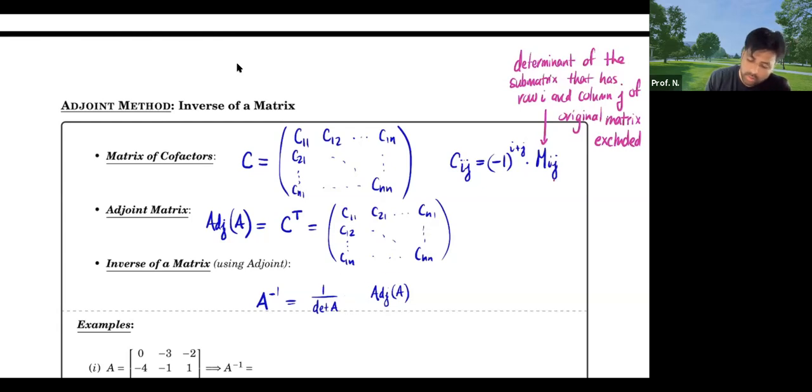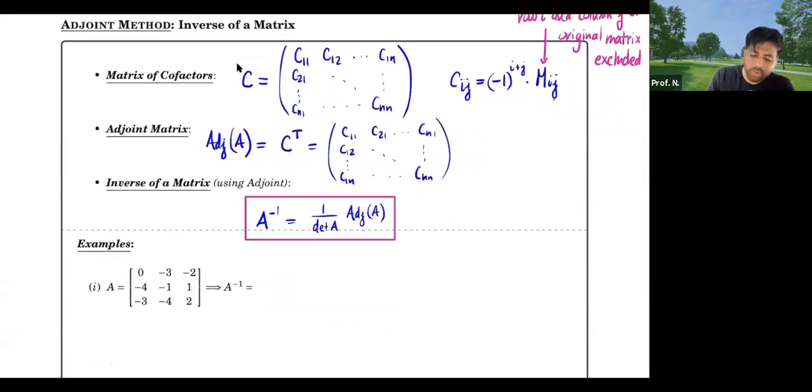Yeah, it's just this. The adjoint of A. Yeah, so that's all it is. Now, there's a reason why this is true, and I can get into that. It's a longer proof, but we'll see this first as an example.